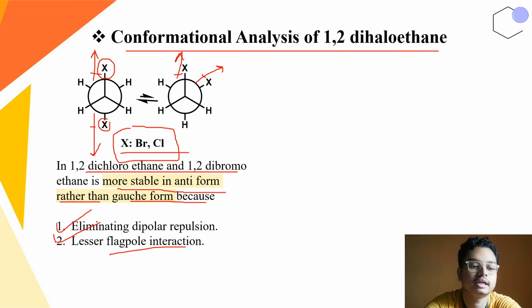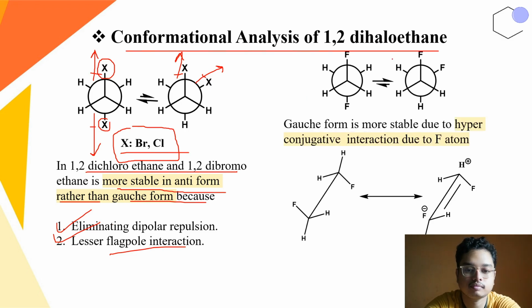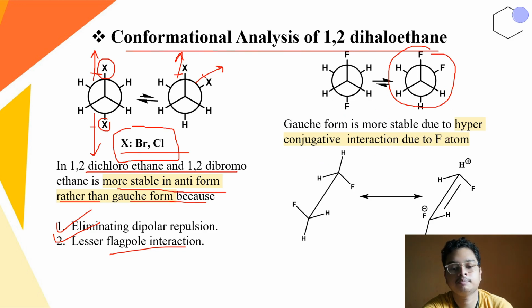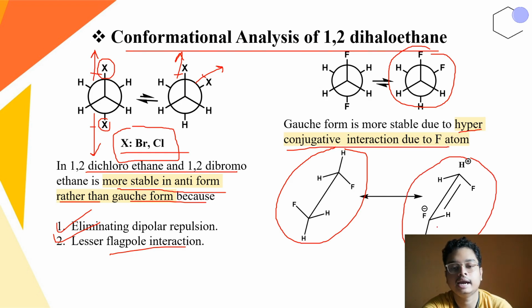But when X is fluorine, then the gauche form is more stable because of the hyperconjugative interaction. So this group is present something like this, and in this arrangement, this particular hydrogen and this particular fluorine are present in a hyperconjugative nature.